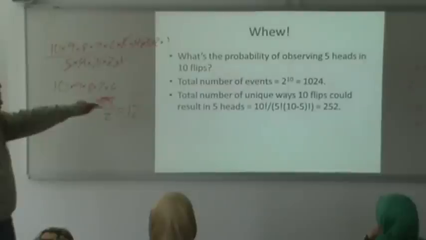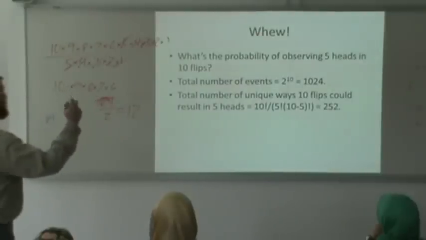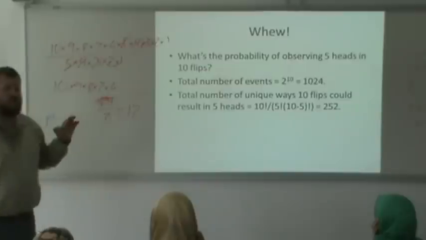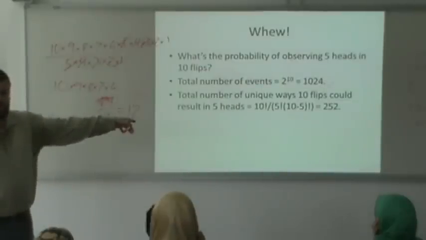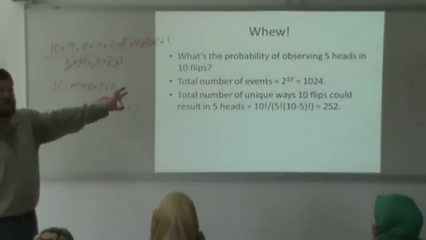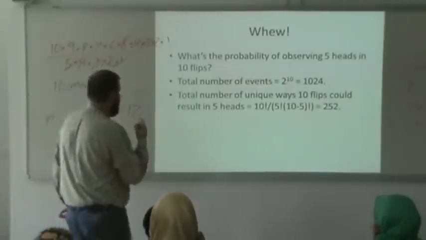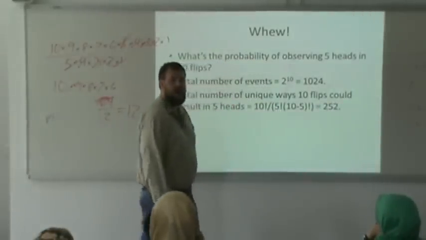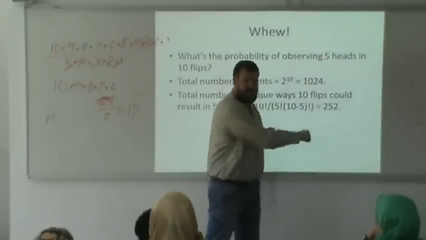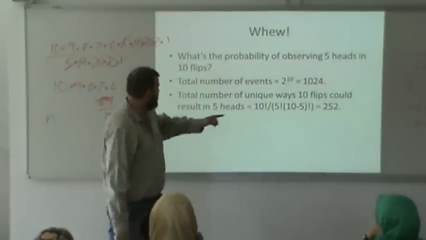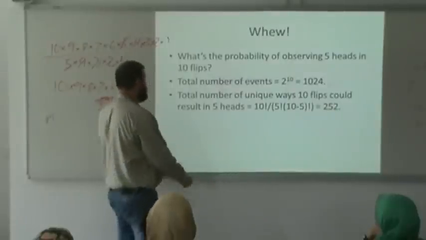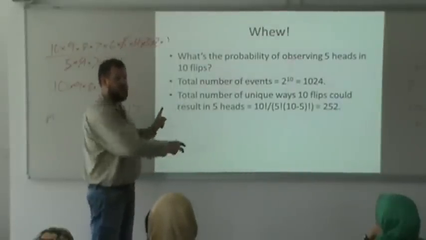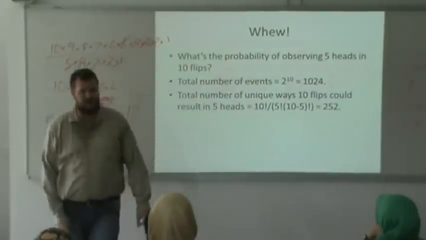So 10 factorial divided by 5 factorial times 10 minus 5 factorial, that equals 252. So if each event is equally probable, and we have 252 mutually exclusive events that have that probability, then what's the probability of observing the first of those events, or the second, or any of the 252 of those?